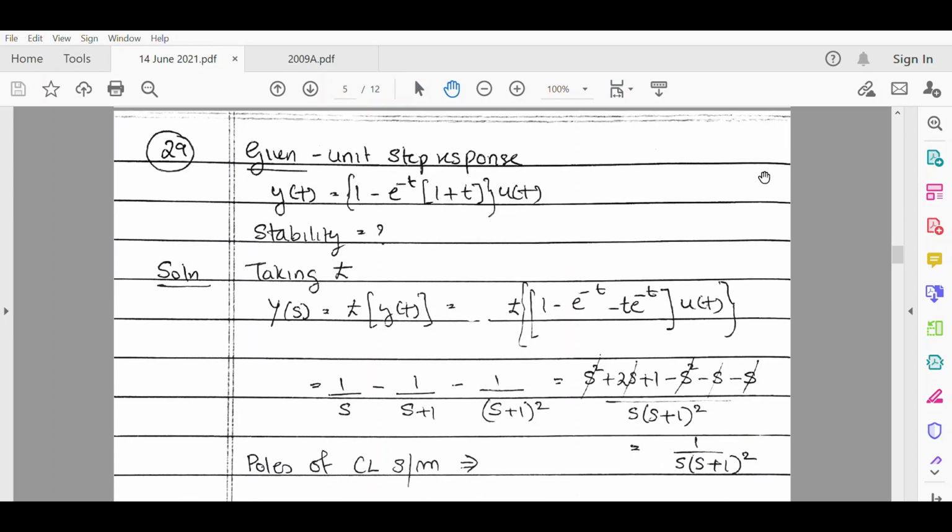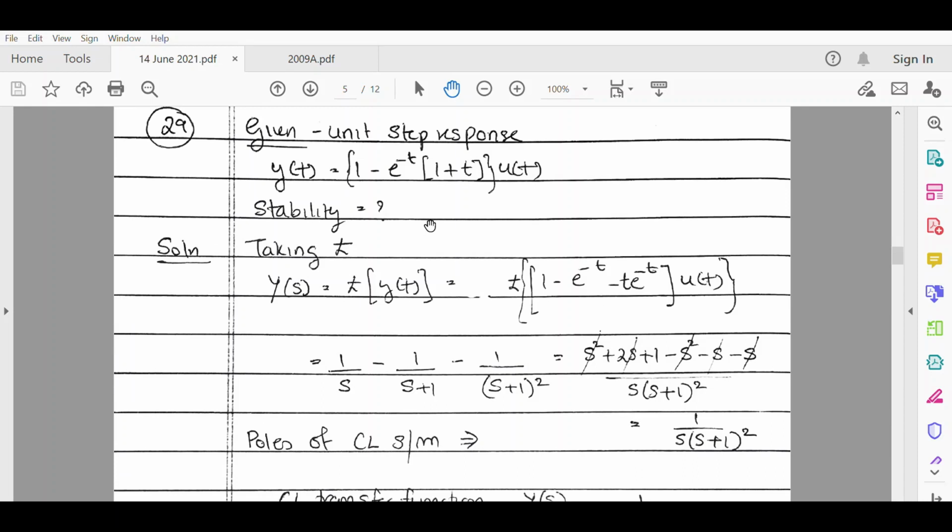The given data is the output of the system for a unit step input, and that has been denoted here as y of t, and they have asked us with regard to the stability of the closed loop system.